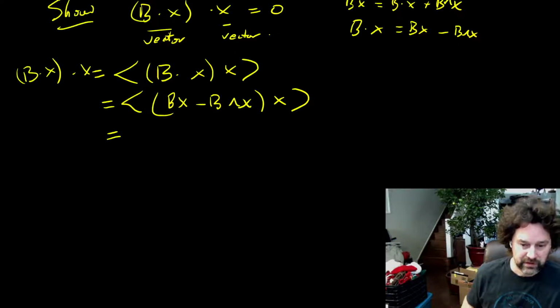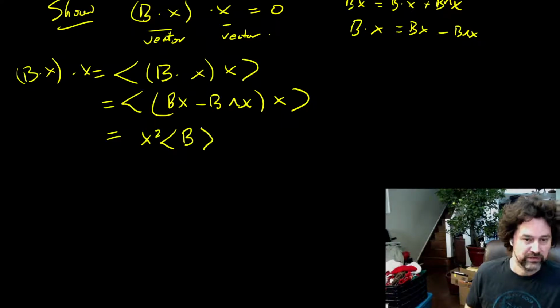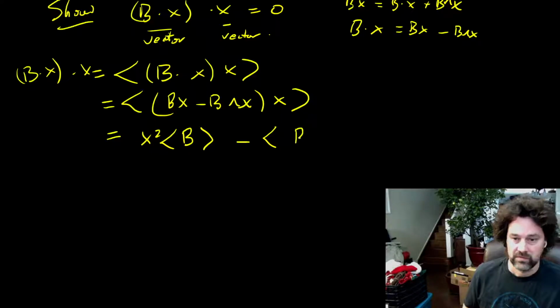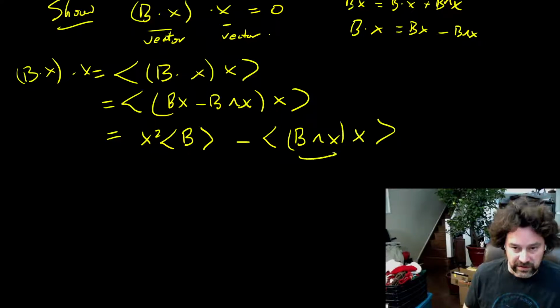So we have here b times x squared. X squared is a scalar, so we can pull that out. So we have here x squared times the grade 0 term of a bivector, which is 0, minus b wedge x times x, and this is grade 3, and this is grade 1.